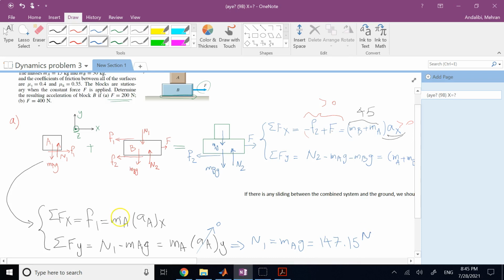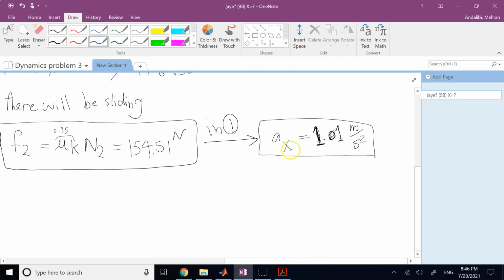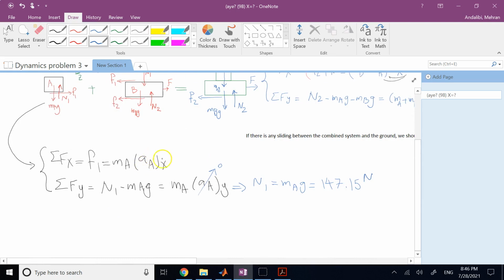Now, under what condition do I have both blocks moving together? Is that going to happen here? So, if I bring the acceleration that I found from the last stage here, 1.01, which is the common acceleration if both of them move together, and plug it here, because when they move together, they both have the same acceleration.